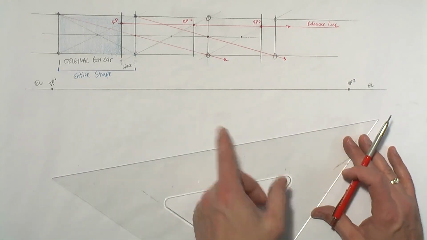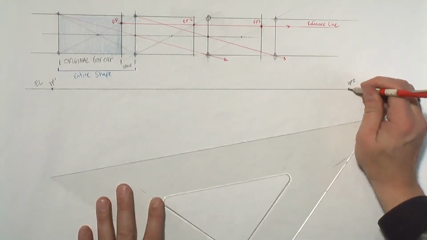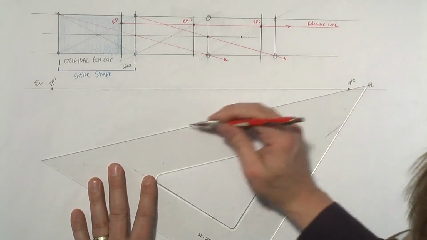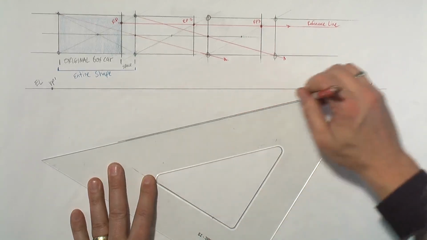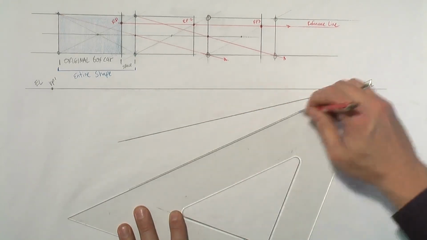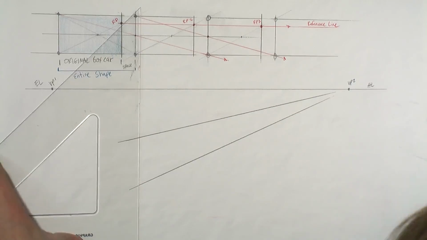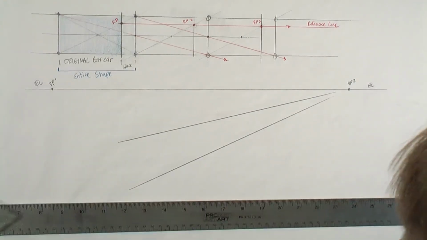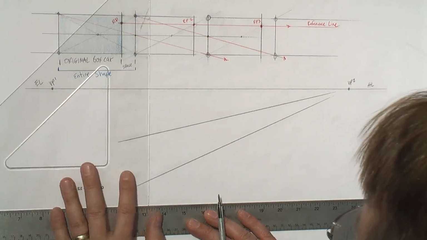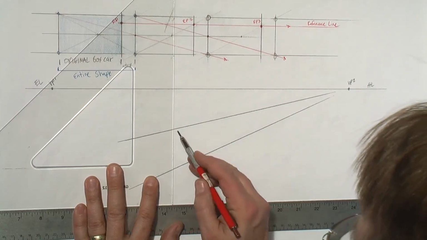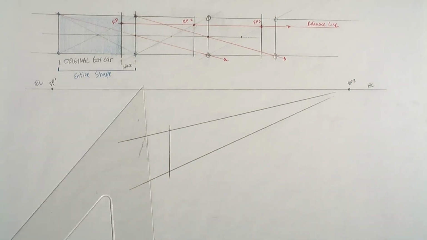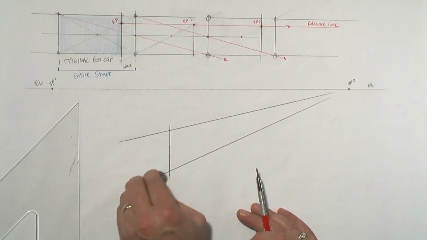In perspective, I'll go ahead and make boxcars going this way. So I'll do them this way. Okay. Actually, I'll lighten these up a bit.